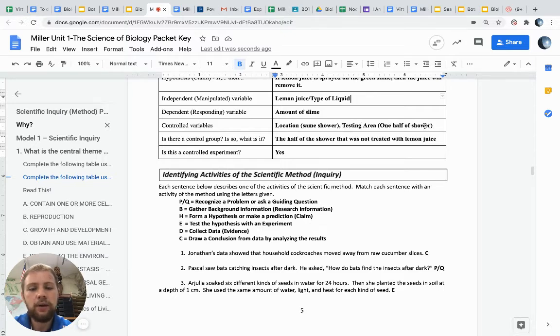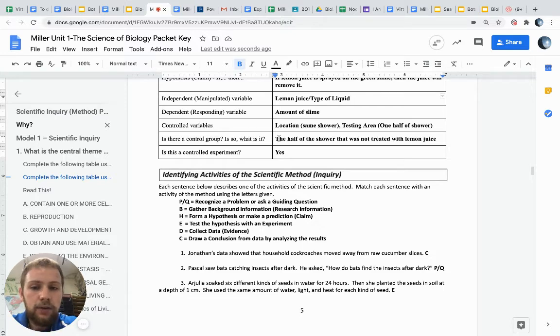So we didn't take 1/3 and spray it with our lemon juice and 2/3 with water. No, we did 1/2 each. And there are probably many other controls that I'm not even thinking of right now. There are always many, many controls. You should always have many more controlled variables than independent variables, ideally only one.